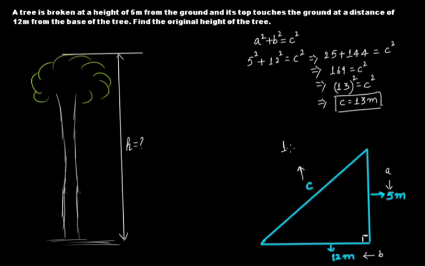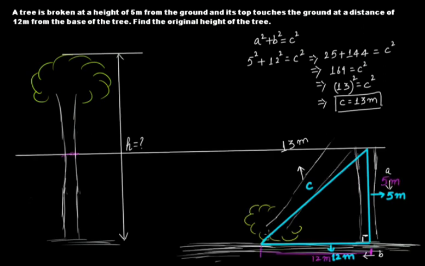So this length you got as 13 meter. Now you might be thinking that we have to find this height h, so how is it going to help us? Can you see here that you have actually found the length of this broken part, right? So this length is 13 meter, and this length is 5 meter.